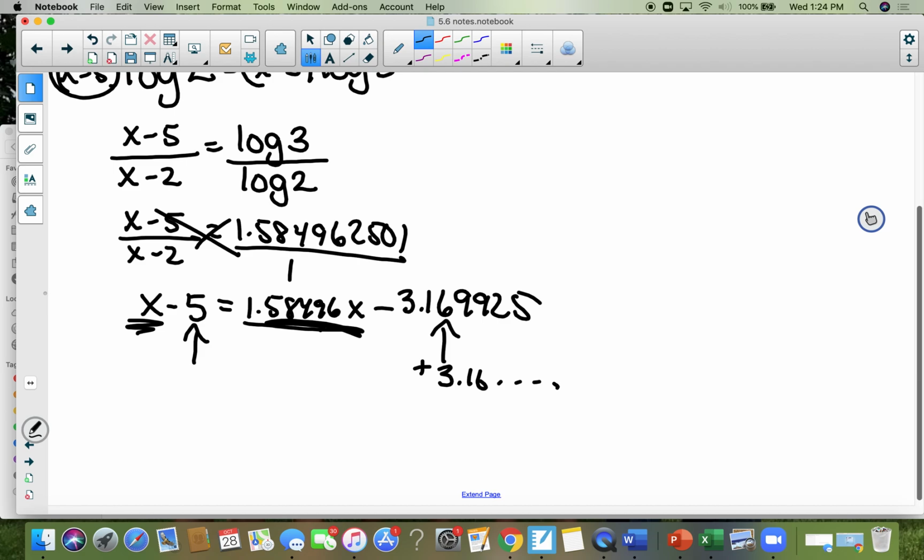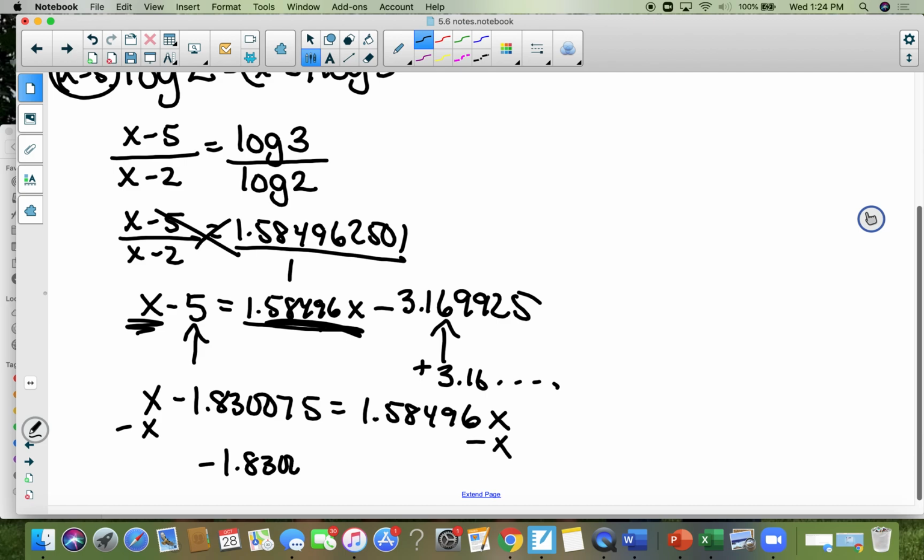And I'm going to get... if I add 3.16 over to this side, I'm going to get x minus 1.830075 equals 1.58496 x's. I'm going to get the x's together on one side, so I'm going to get a negative 1.830075.